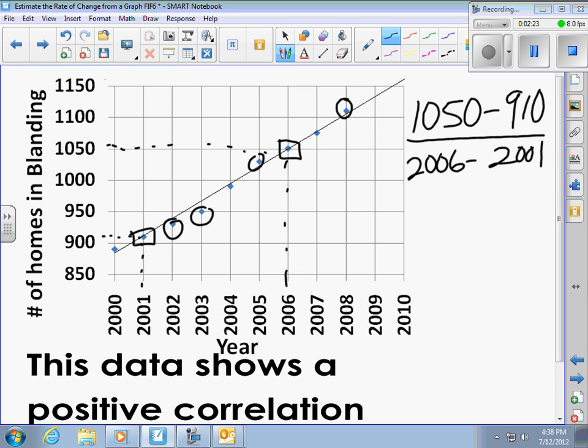So that's a difference of 5 years, and the difference in the number of homes is not quite 150. It's about 140 homes in 5 years.